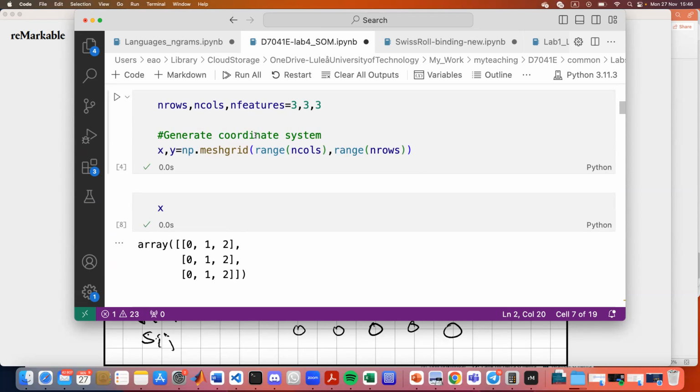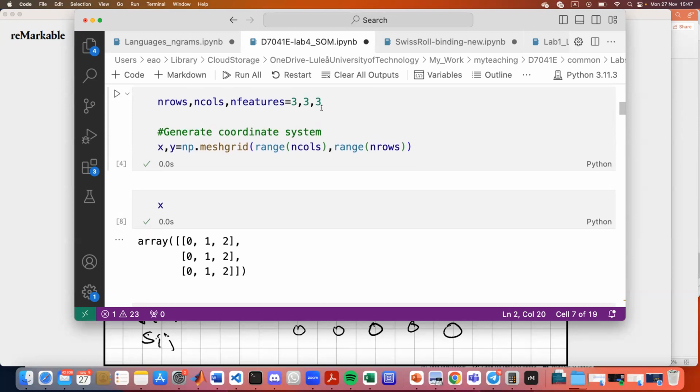We model a case with a 3x3 lattice. So 3 neurons along one axis and 3 along the other, altogether 9 neurons, and the number of features is also 3. So it's 3x3x3. There are different ways you can generate this topology.